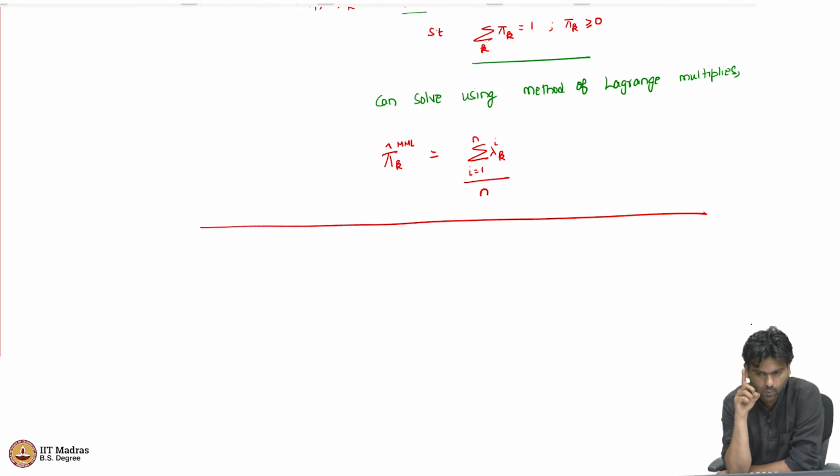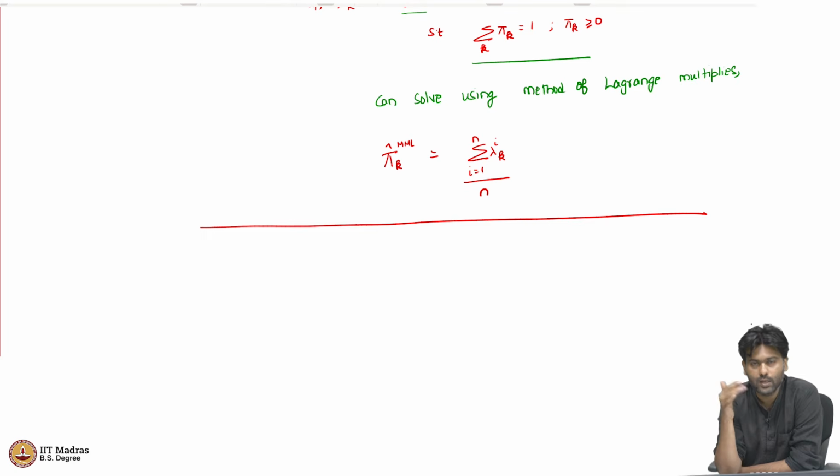Now, if each point was hard clustered, so it will only go to one cluster, which means lambda_ik's were taking values either 1 or 0, then this simply means that pi hat, our best estimate, is just the fraction of points that went into that particular cluster, right.